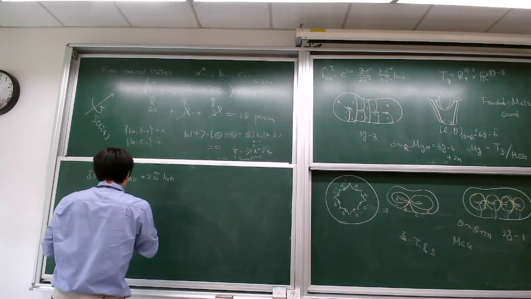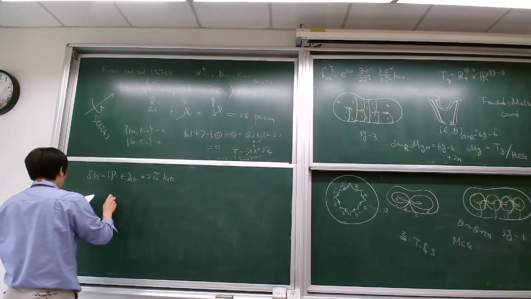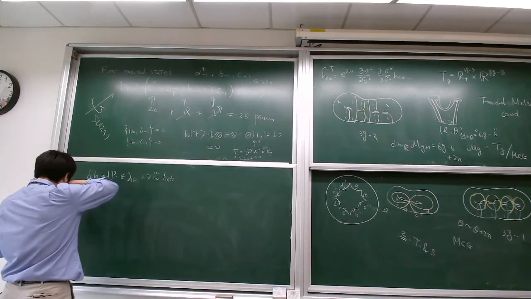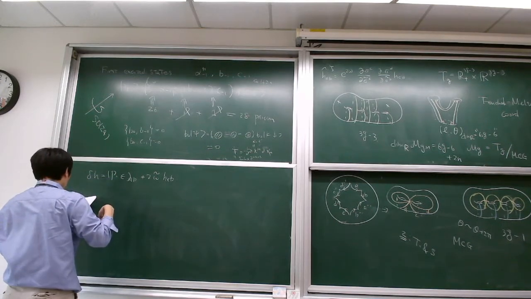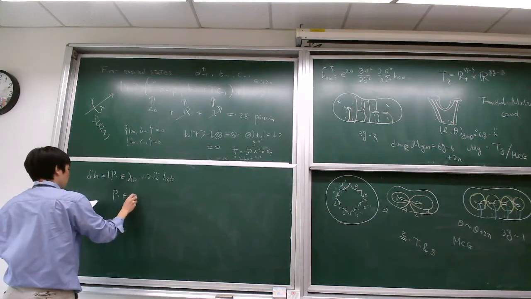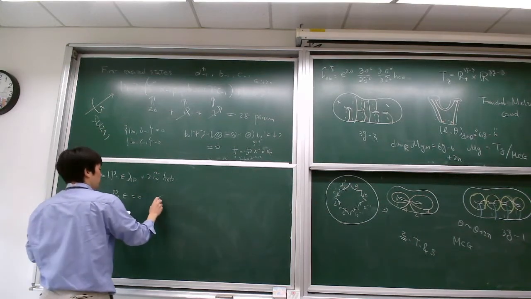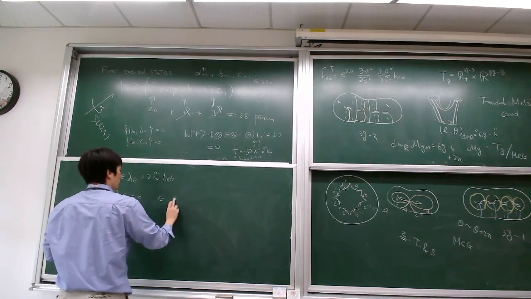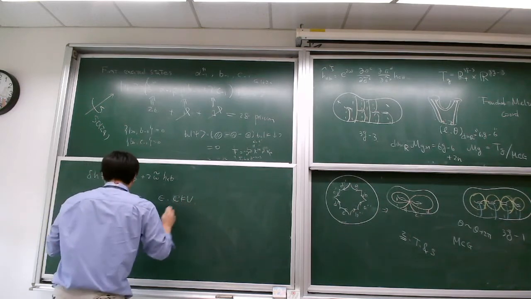And the conformal Killing vector is a solution such that P dot v with omega tilde is equal to 0. Then the epsilon is called a conformal Killing vector.